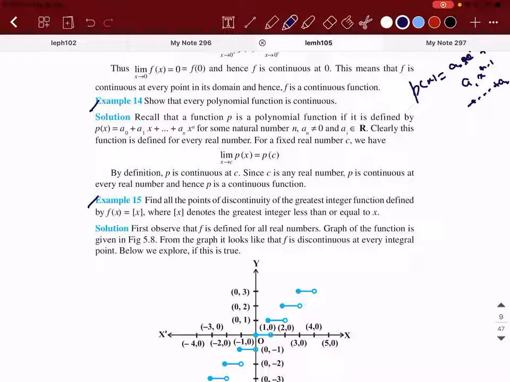On the right of the given integer, it will be the integer itself. For example, let's say I have 0.9, which is on the left of 1. When you do the left limit, you take 1 minus h. What will be the value for this? 0. Whereas when you take the right limit, 1.1, the value is 1. So the left limit is not equal to the right limit. But what about the function value? The function value will generally be equal to the right limit.